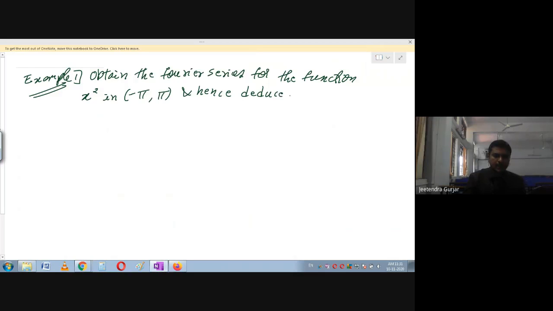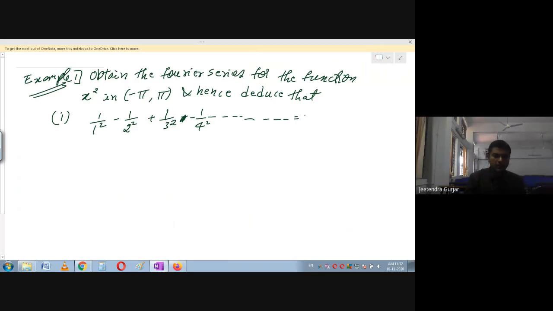They have also given that whatever Fourier series we get, we have to deduce it for 1 upon 1 square minus 1 upon 2 square plus 1 upon 3 square and so on. Here they have taken minus 1 upon 4 square, so it is alternating.